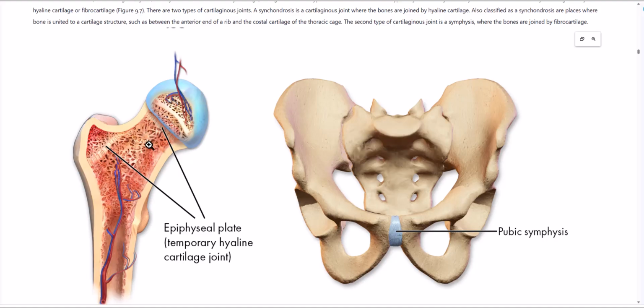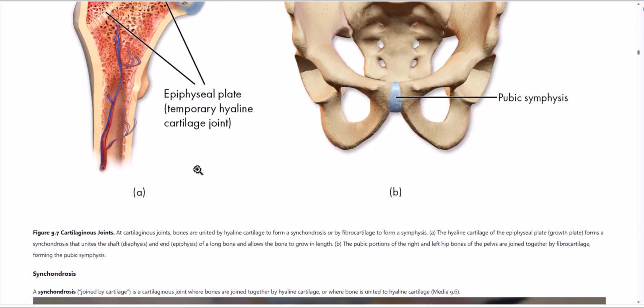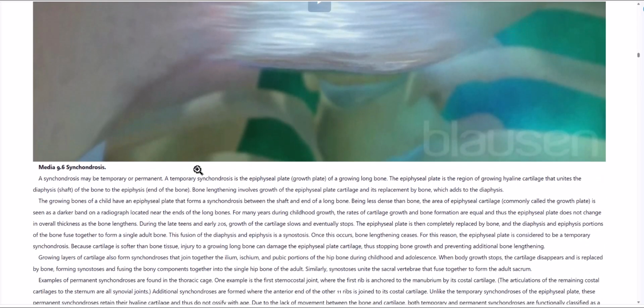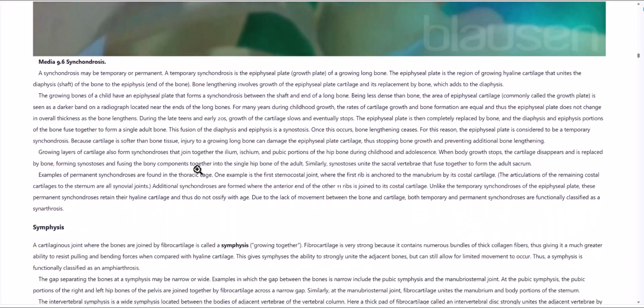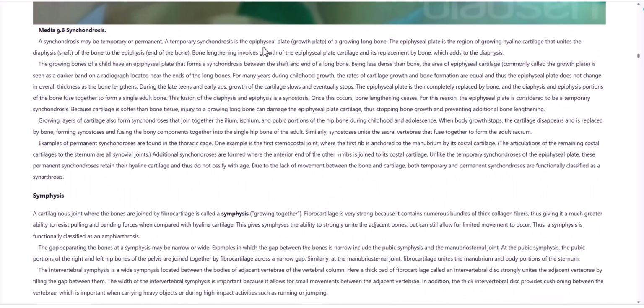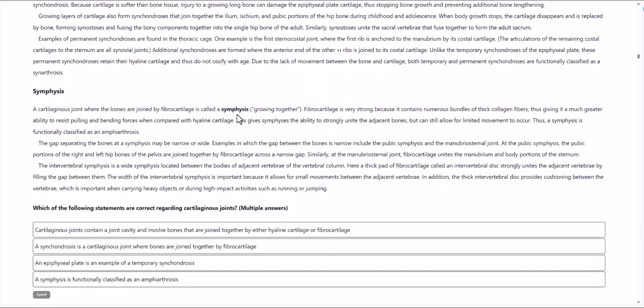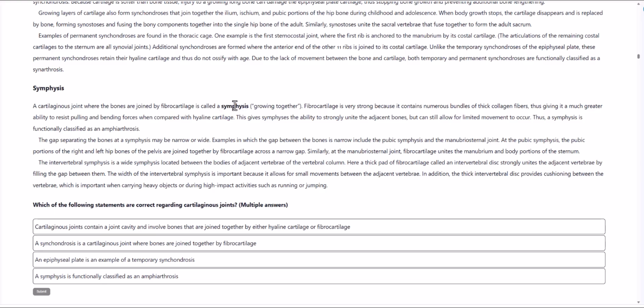But before that moment occurs, these are literally separated completely by that growth plate. So that is the epiphyseal plate. Watch that animation about that, and also the symphysis that we see as well.